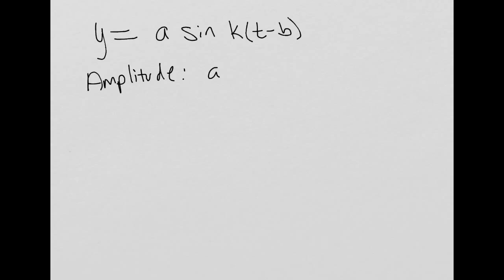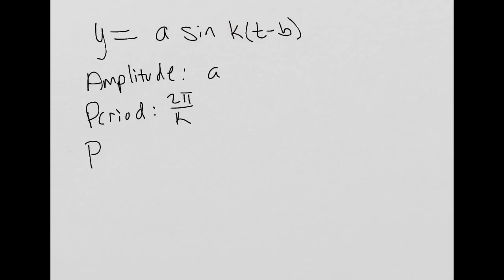We're going to have the period 2 pi divided by k. And again, if k is larger than 1, this is going to shrink your graph horizontally. If k is between 0 and 1, if k is a small fraction, this is going to stretch it out.